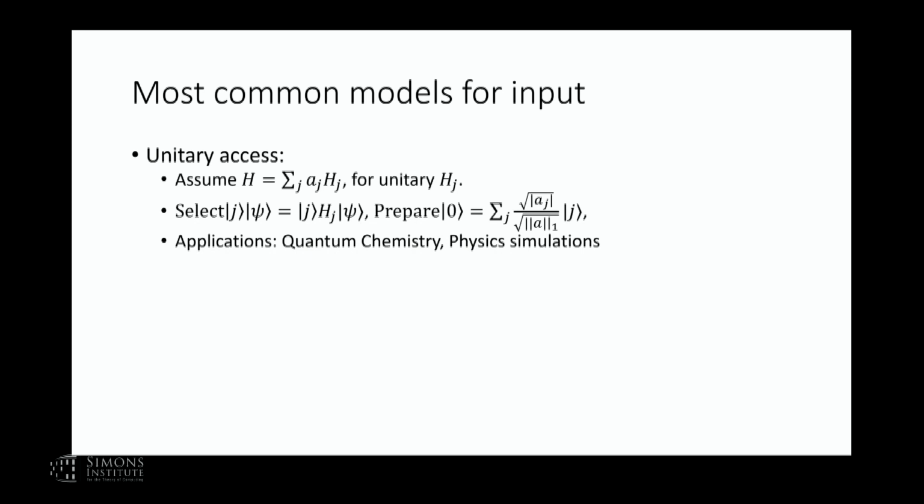So basically, what the select unitary does is it takes an index j, which says which unitary it is, and then applies that unitary to the quantum state you want to simulate. So think of it as a programmable applicator, so to speak.